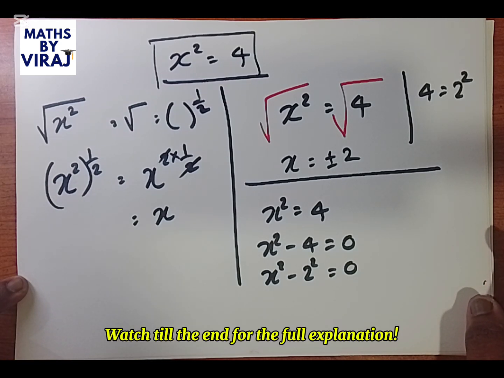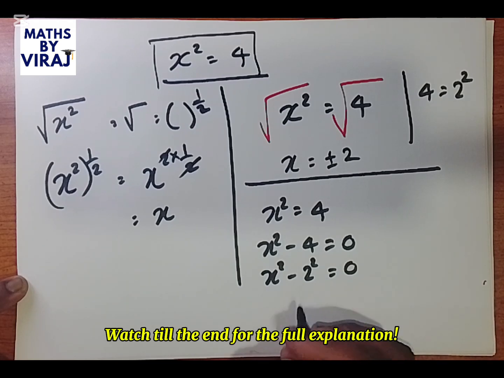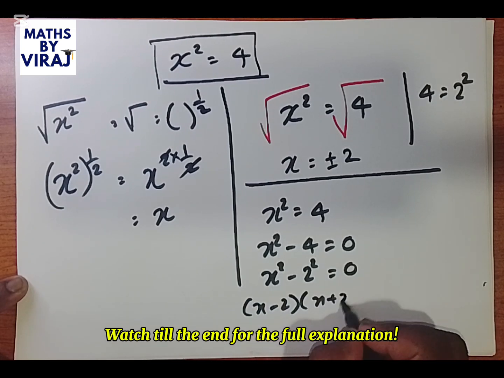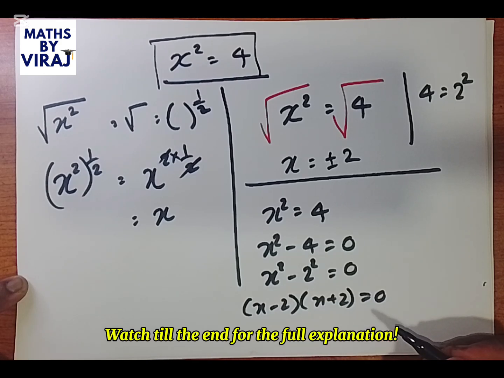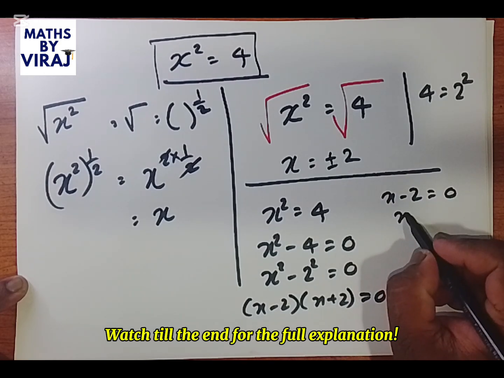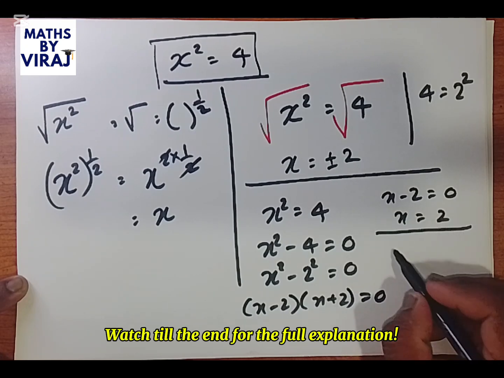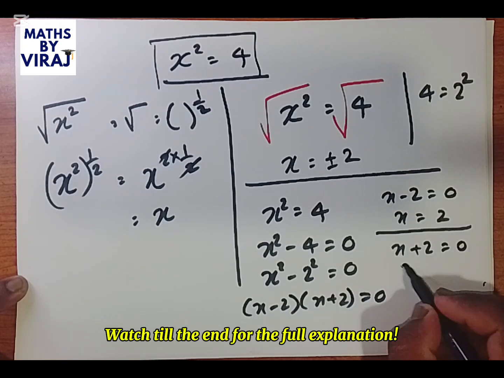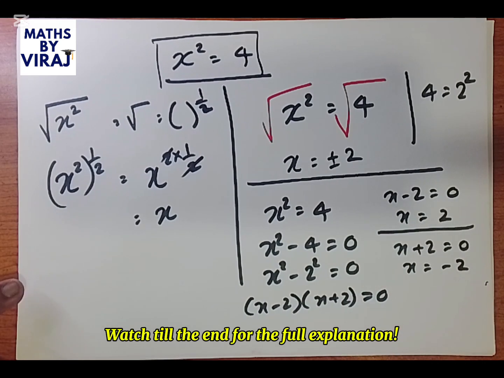By the difference of two squares, we know that I can write this as x minus 2, x plus 2, which is equal to 0. Therefore, x minus 2 is equal to 0, x equals 2, x plus 2 equals 0, x equals minus 2.